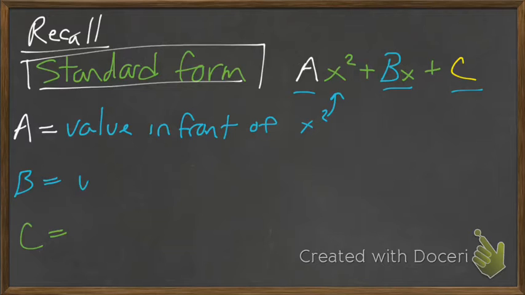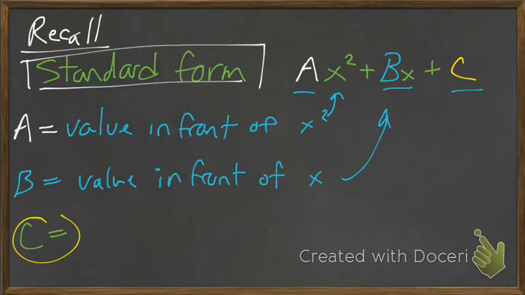B represents the value in front of x, as you can see there. And C represents, I really should be doing this in the appropriate color, which I've gotten wrong here. That should be yellow. C equals the constant value.